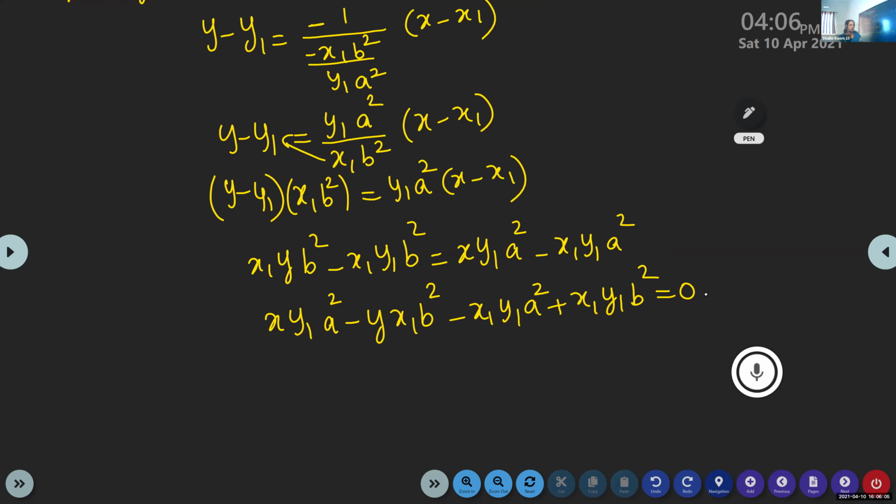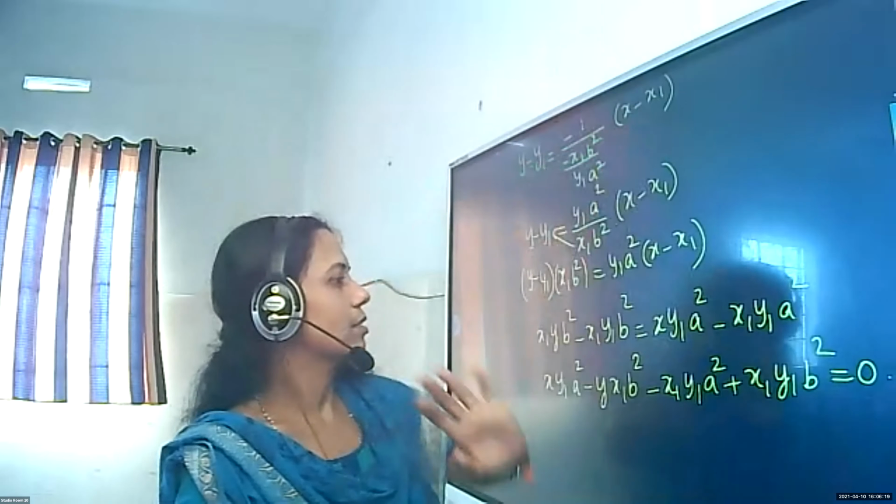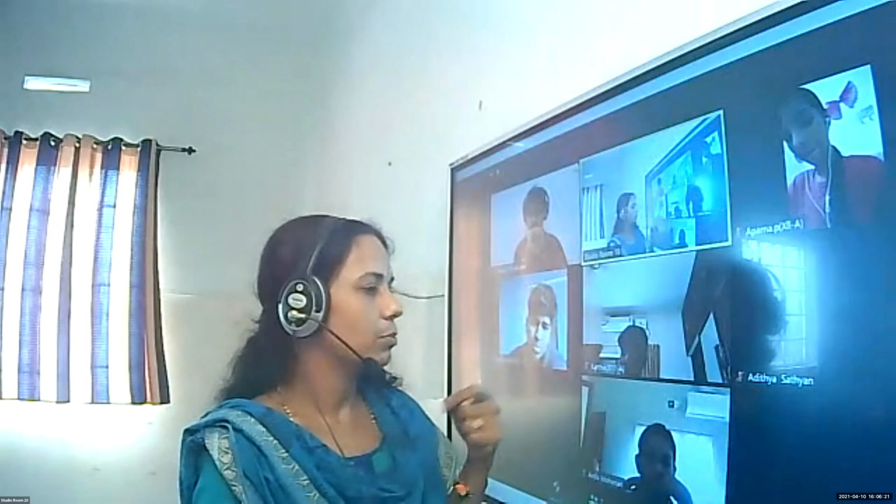Is it okay, Aishwarya, Aparna? Ma'am, it is a little bit confusing because we have used x1 and all. If you miss any one or dash, everything will get changed. So do this again one more time.